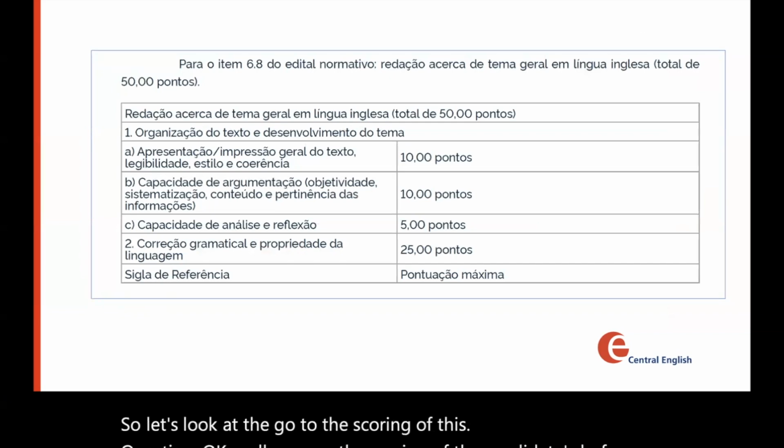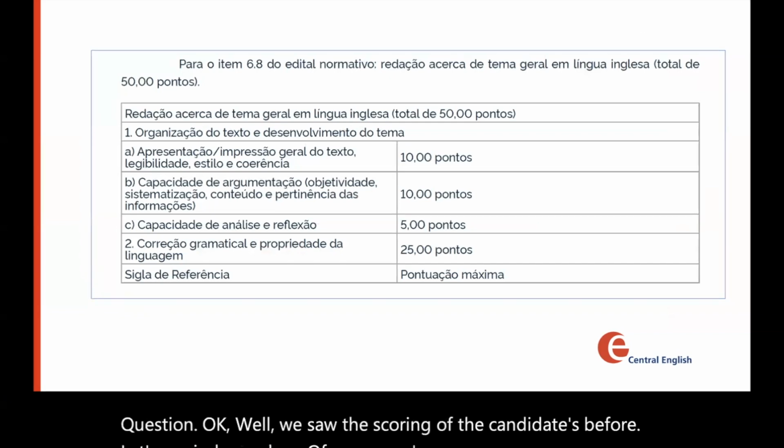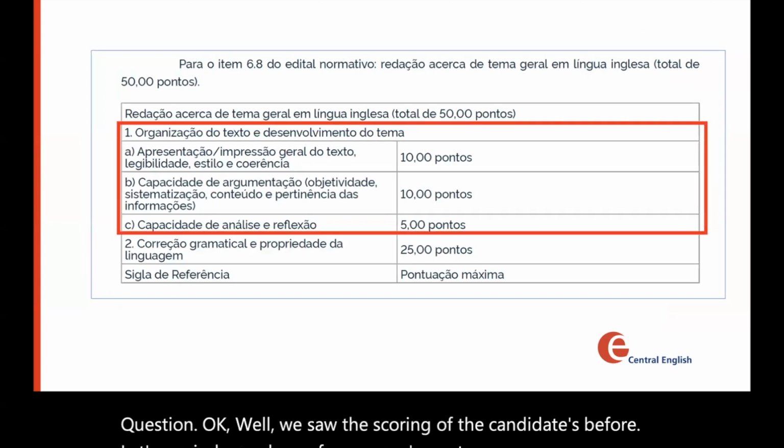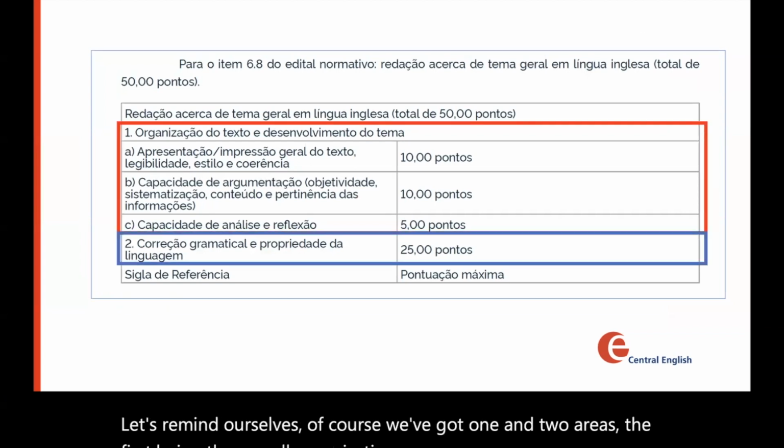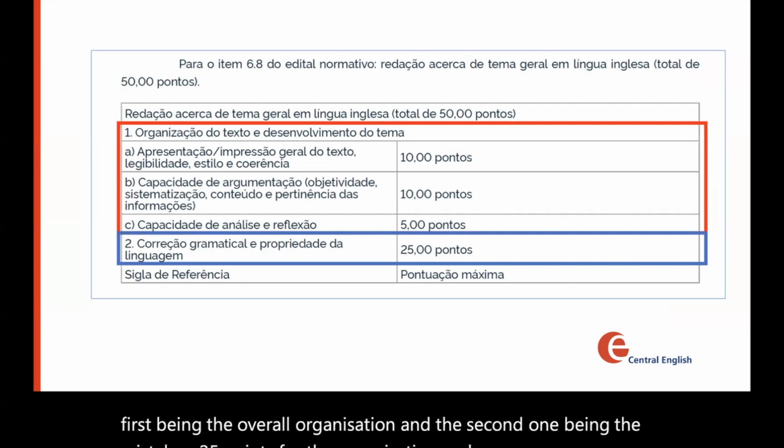Let's remind ourselves, of course, we've got 1 and 2 areas. The first being the overall organization, and the second one being the mistakes. 25 points for the organization and 25 points for the mistakes.